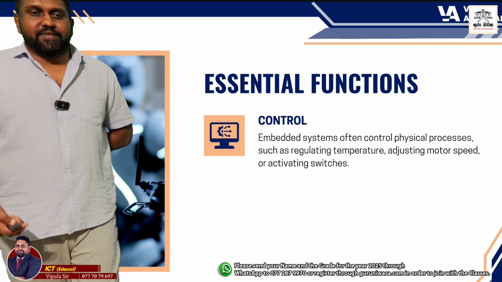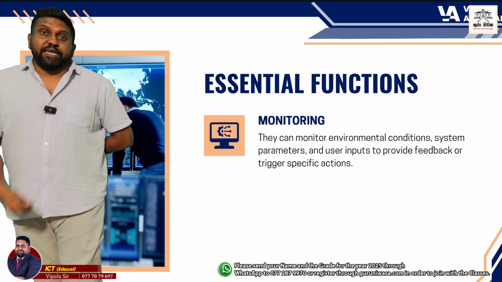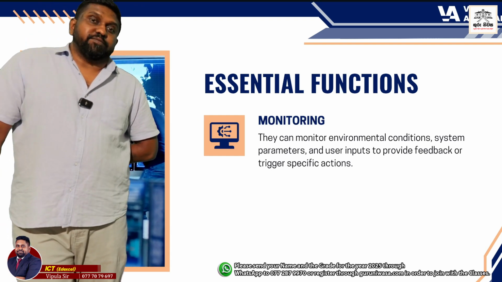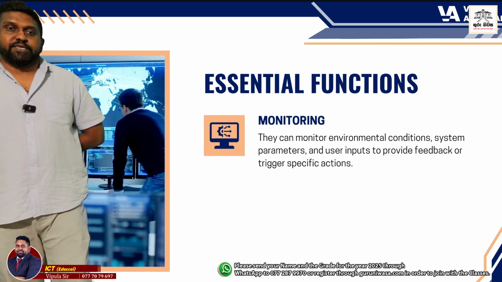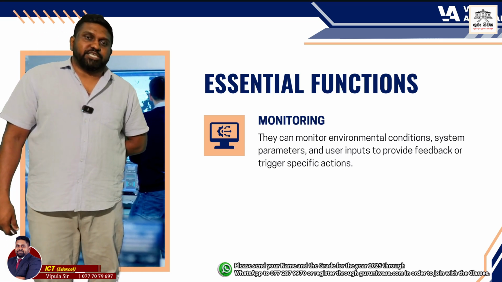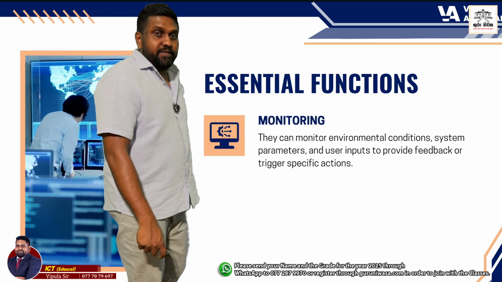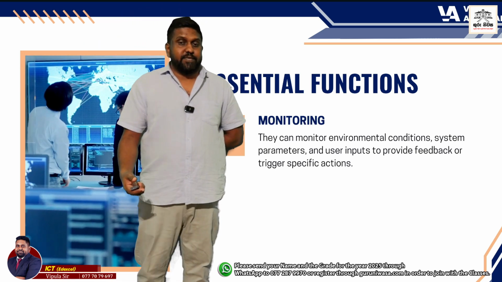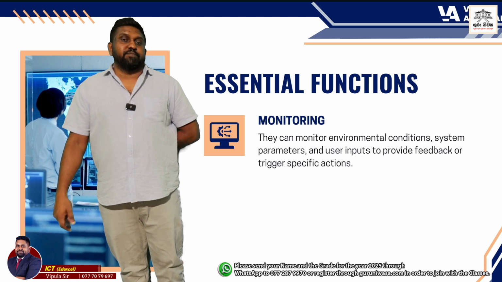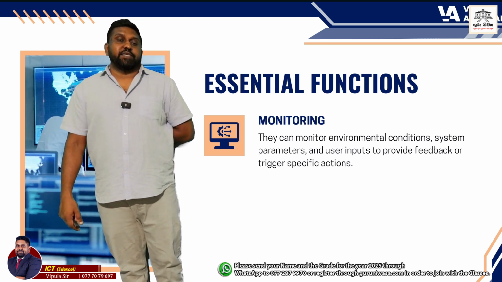Okay, so these are the primary essentials. Controlling is one, and then we do have embedded systems for monitoring. Monitoring is also one more thing, where it monitors the environmental conditions. In this case it can work on system parameters, which will send the user the feedback immediately as it happens.